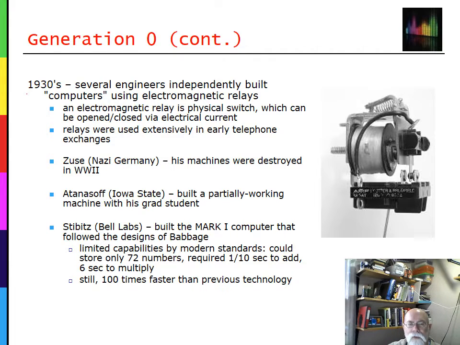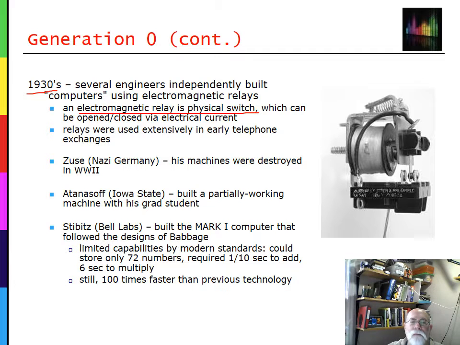In the 1930s, we really began to make a giant jump with the idea of using electromagnetic relays, physical switches, which had to be open or closed, hint, ones and zeros.